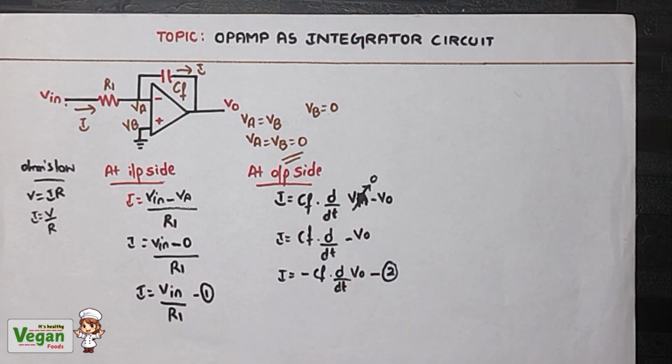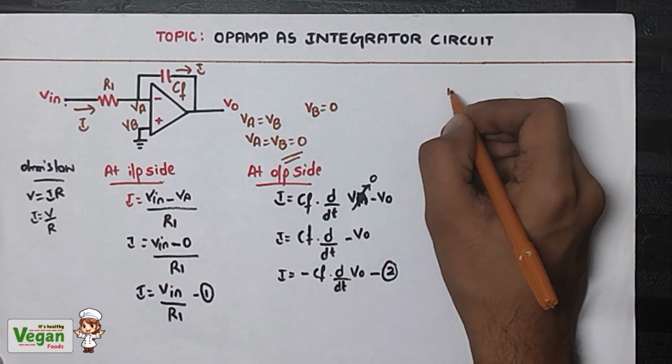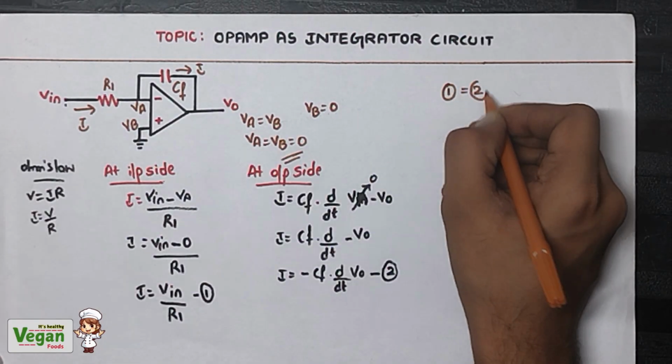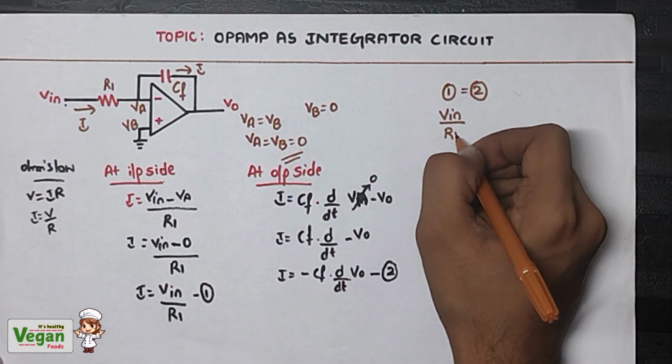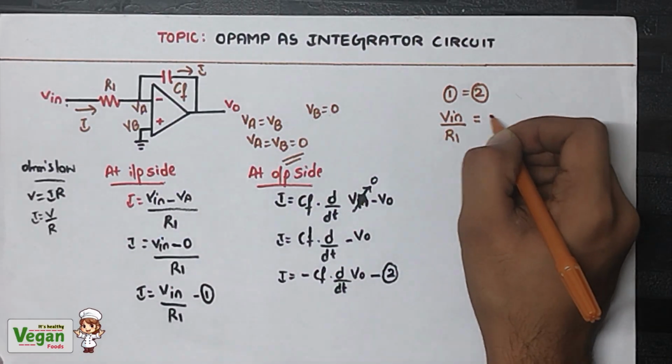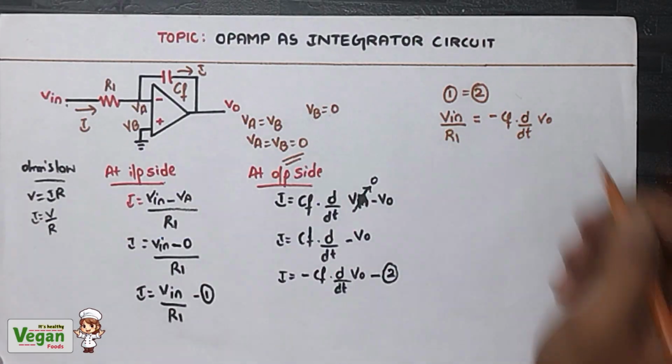Since in both the input side equation and the output side equation the current is the same, that is the left hand side is the same, we can equate equation 1 and equation 2's right hand sides. So therefore Vin divided by R1 is equal to minus CF into d by dt of Vout.